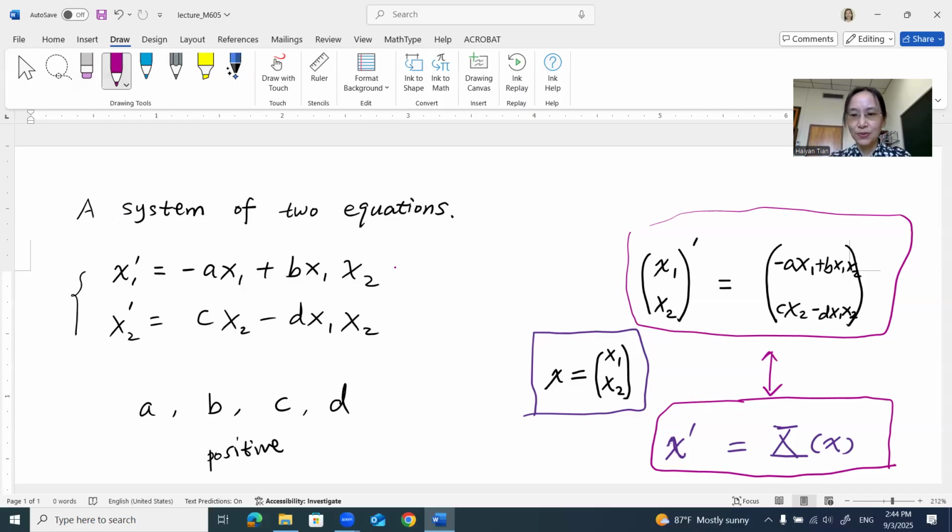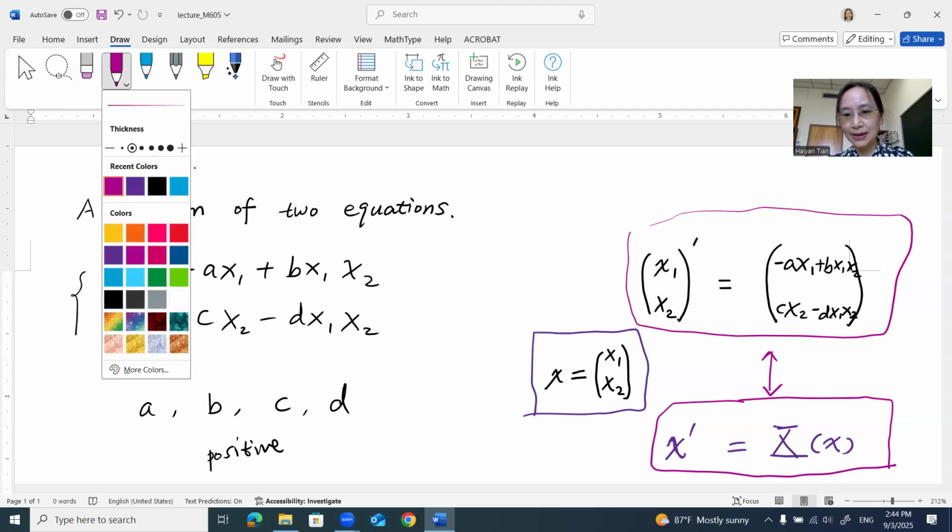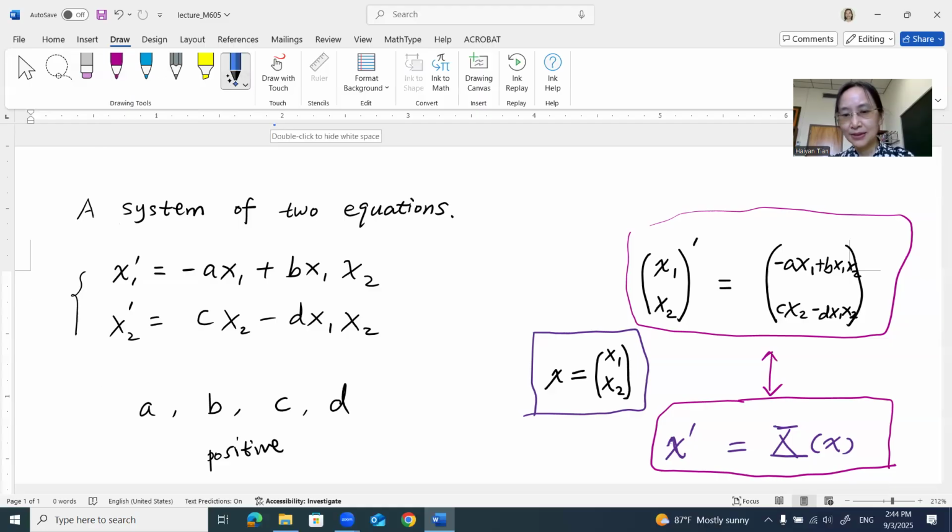So we recognize the derivative of a vector. So actually, when you look for a solution, you are looking for the x. So the x is an unknown vector valued function to be solved, to be found. So we try to solve for this x that will satisfy such a system.